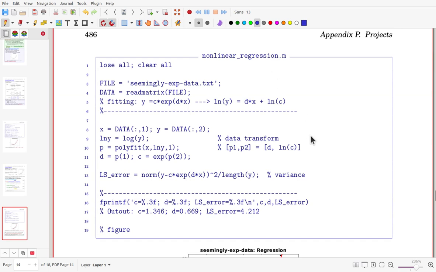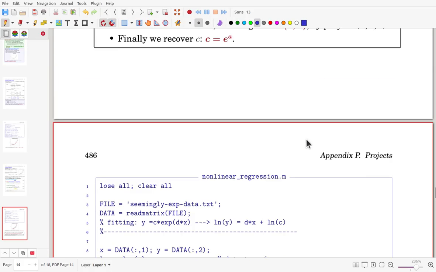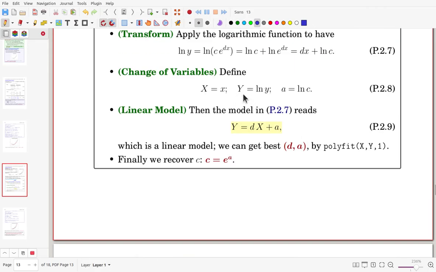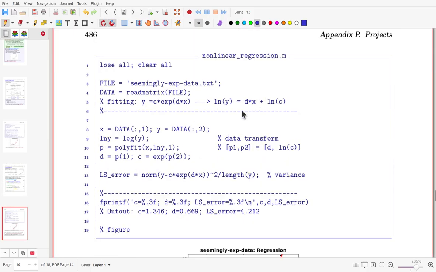Let's see here for the data set. Assume we saved it and read the data set, and now get the x component and y component. Here for y, we introduced a change of variable, capital Y is logarithm y. So using x and logarithm y and a linear model, we got it.